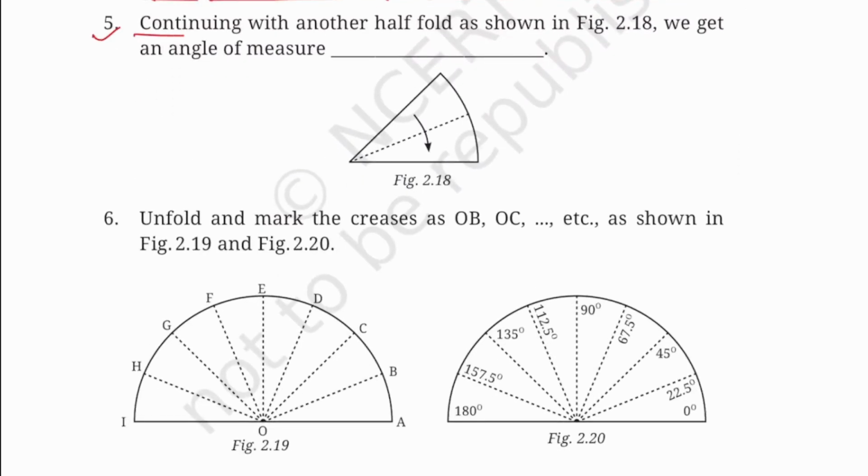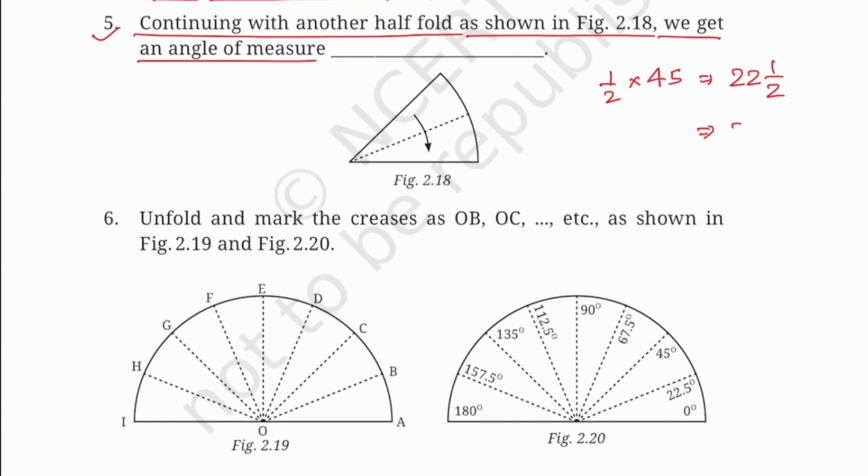5. Continuing with another half fold as shown in figure 2.18, we get an angle of measure half of 45 degree, that is 22 and half, or you can write 22.5 degree. 6.